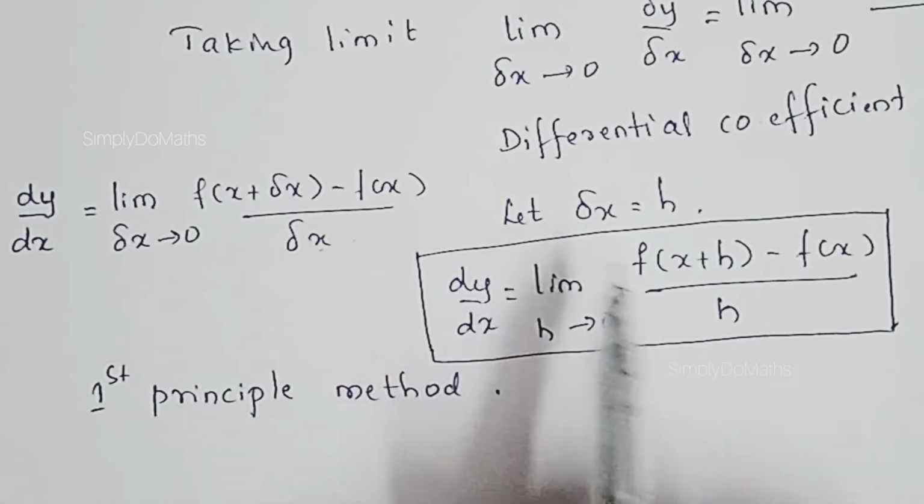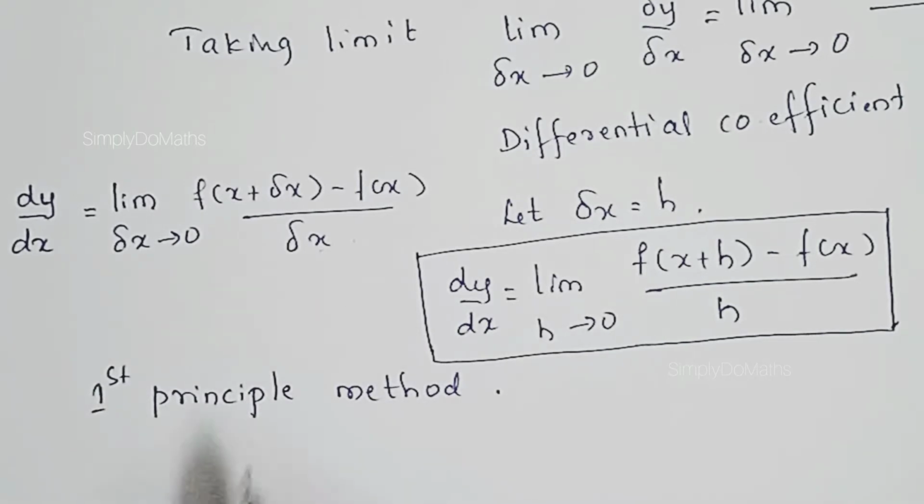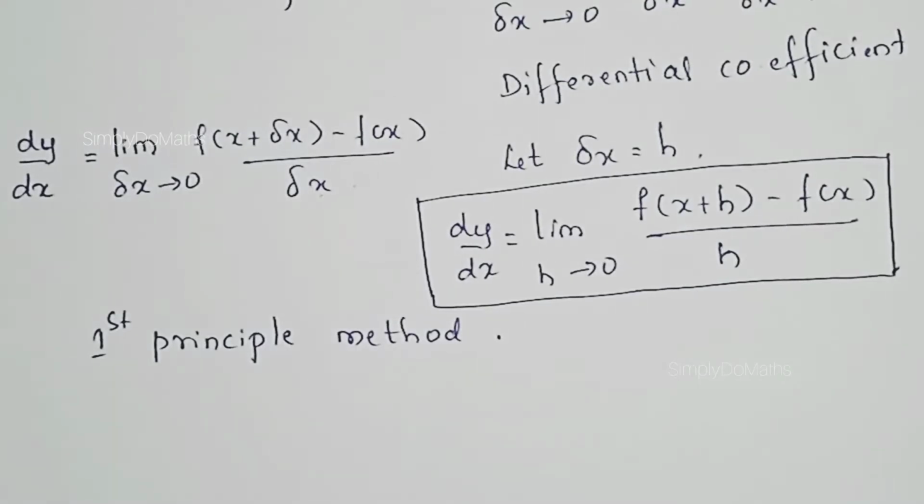Whenever we are using this formula and finding the derivative of some continuous function y, we call that method the first principle method. You can refer to the previous video so that you will definitely find an easy way to use this method and the definition of differentiation.